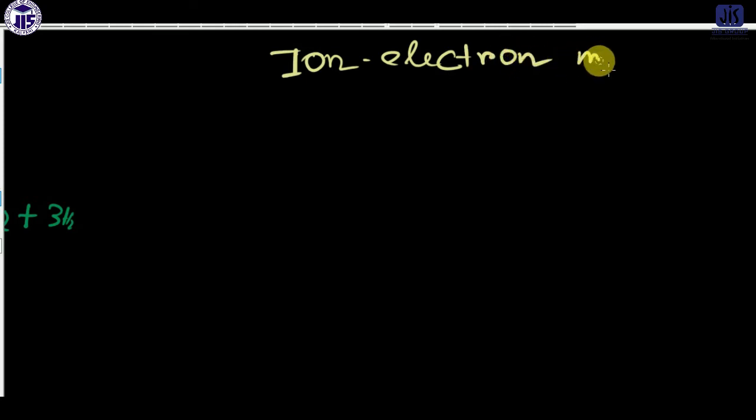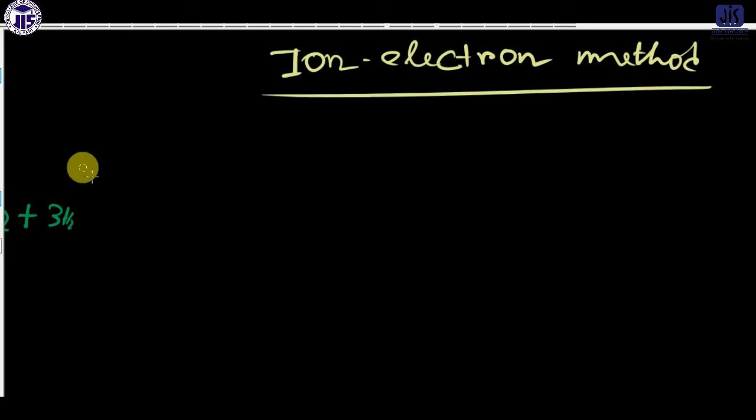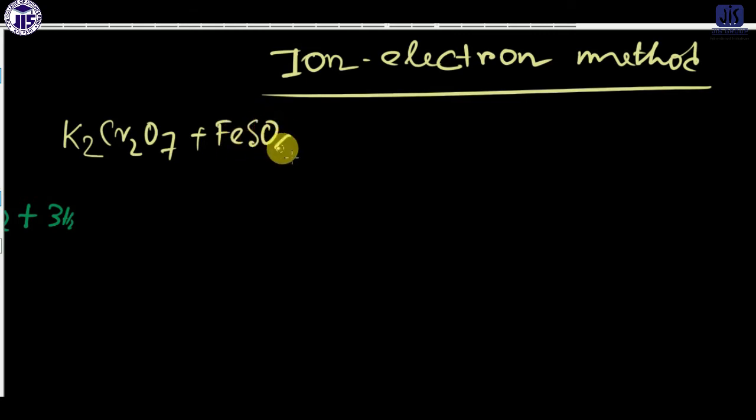Ion electron method. Now we'll take a very common reaction: K2Cr2O7 reacting with FeSO4 plus H2SO4. What is produced?